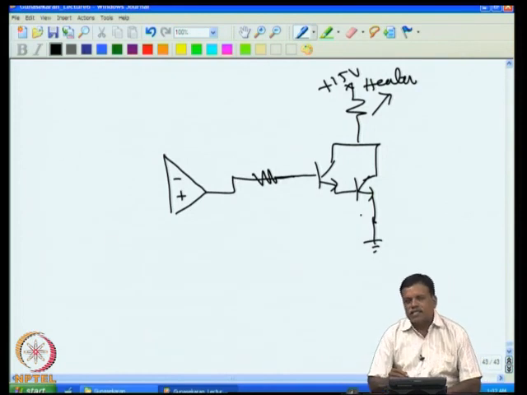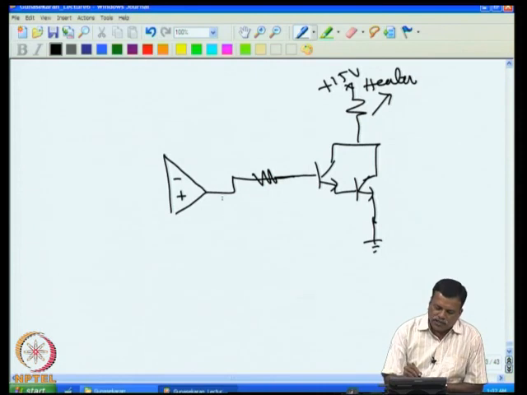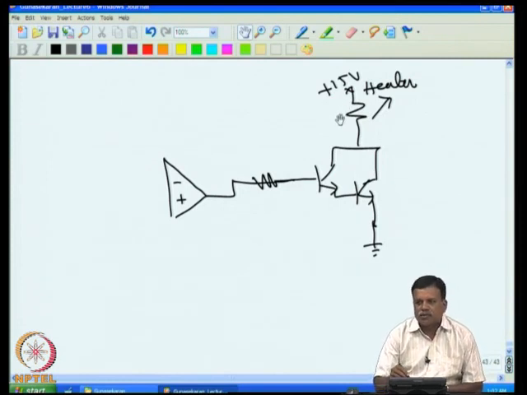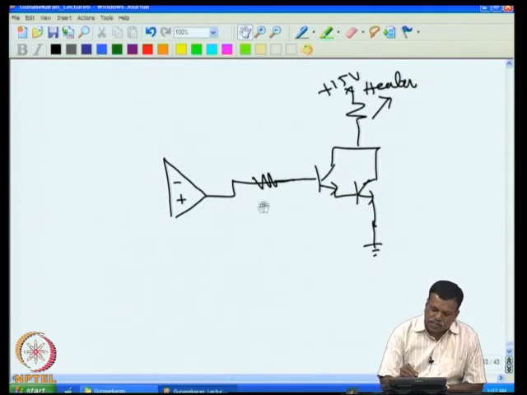Now, if I connect like this, then this will not act as a proportional controller, because whatever voltage change is occurring at this point should produce a corresponding voltage change across the heater. Then only the proportional controller action will work. If the proportional controller is not acting well, then obviously adding integral and differentiator will not do anything. In this case, a small change in voltage here will produce a large change in voltage here.